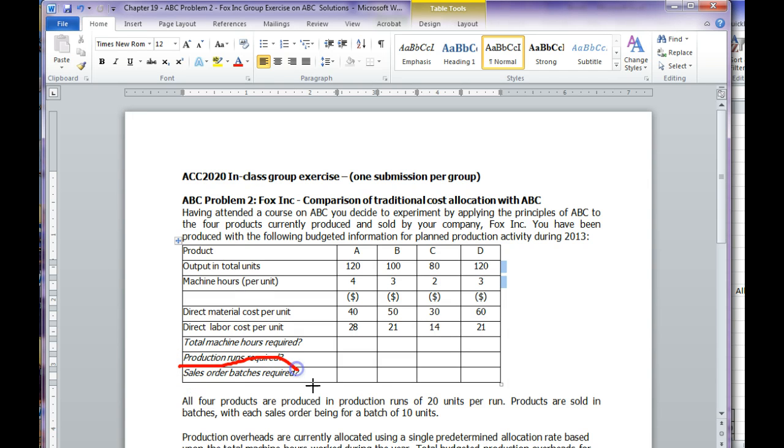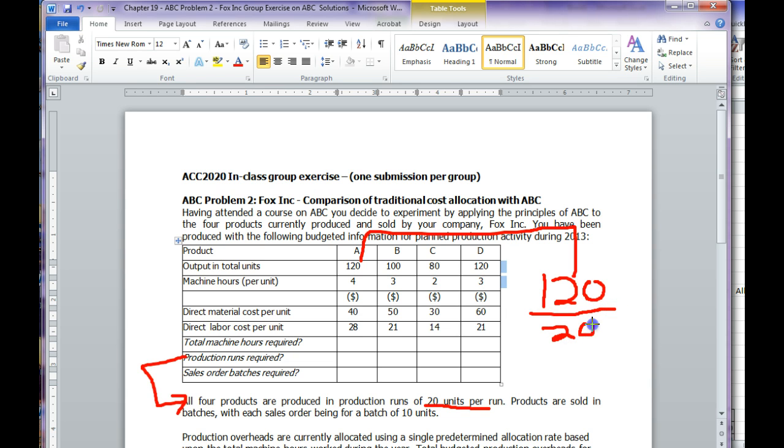Okay, production runs required. For production runs required, we actually need to read a little further to figure out what that is. But not much further because it's all right here. All 4 products are produced in production runs of 20 units per run. So if I'm doing 20 units per run, got 120 units for A, and each run produces 20 units, that's going to be 6.